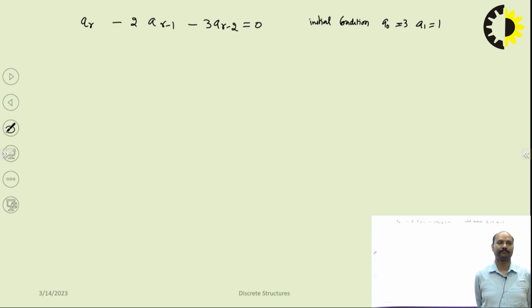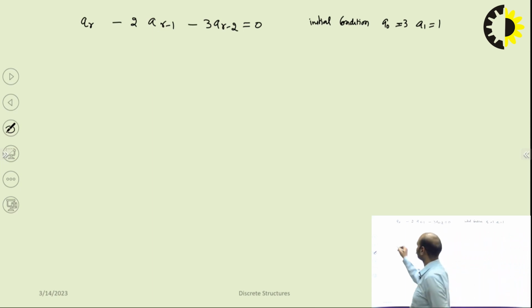We take an example: the recurrence relation a_r minus 2 a_(r minus 1) minus 3 a_(r minus 2) equal to 0, with initial conditions a_0 equal to 3 and a_1 equal to 1. How do we solve this recurrence relation using generating functions?